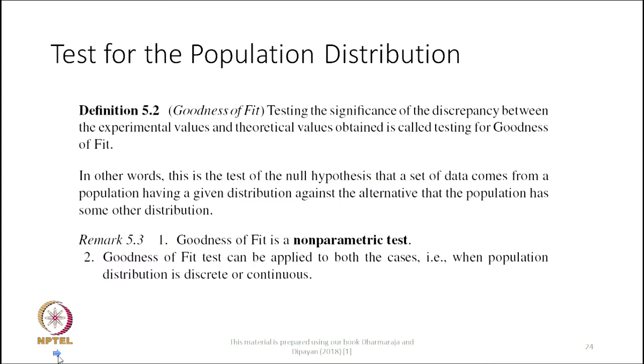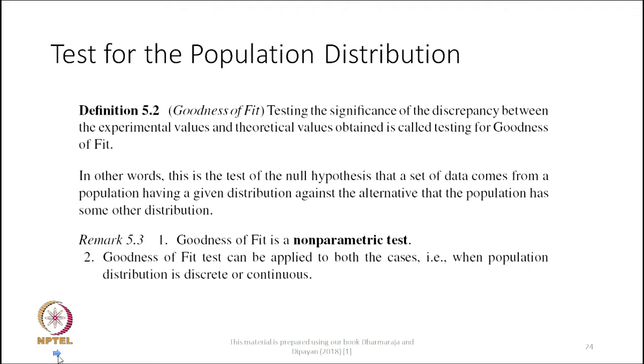Now we are coming to the testing of hypothesis regarding the population distribution. That means it is possible to create a statement on the population distribution itself. Earlier we made statements about the population mean and the population variance with the assumption that the population follows a normal distribution.